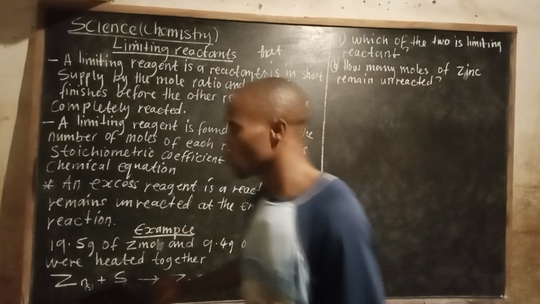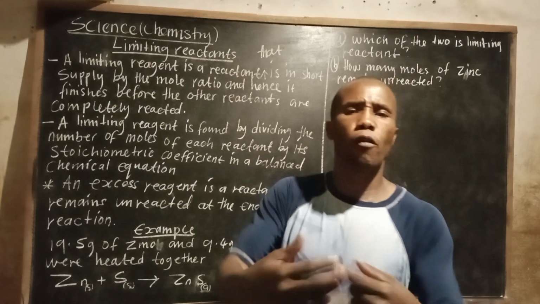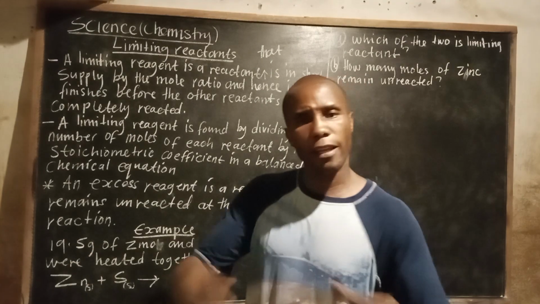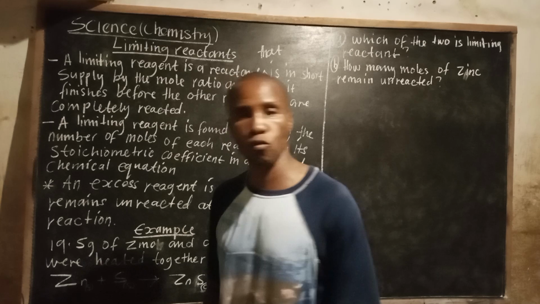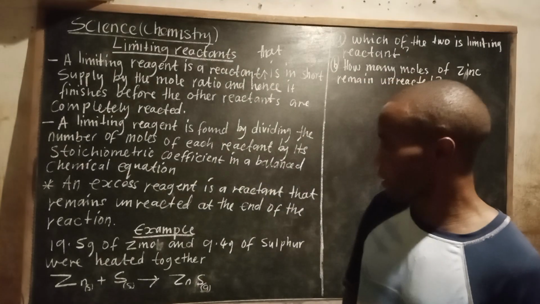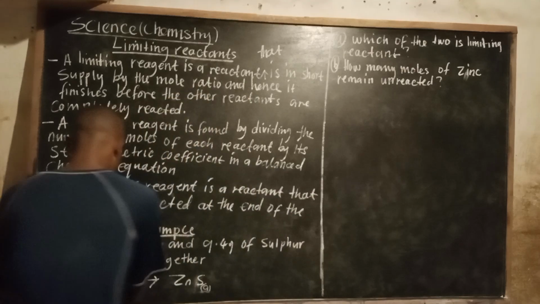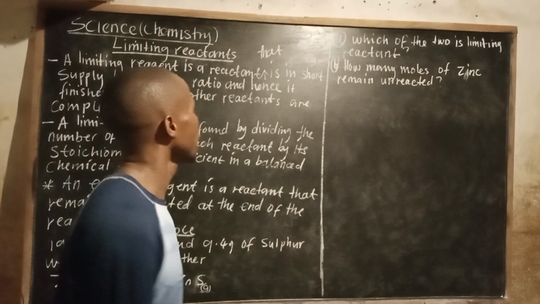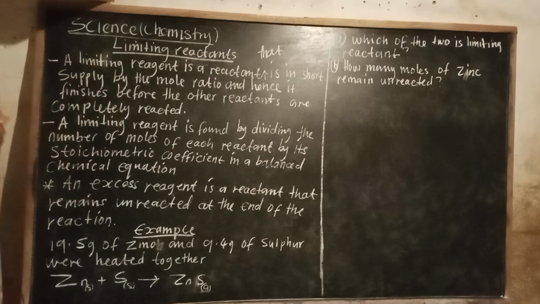The one which is going to have the smaller number of moles will be the limiting what? Reactant. Then the other one which is going to have the bigger number between these two will be the non-limiting what? Reactant. So let us now determine and see between zinc and sulfur, which one is the limiting reactant.